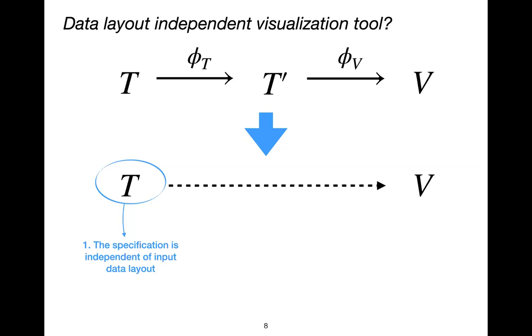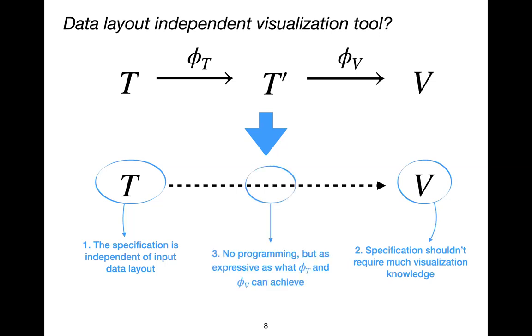I'm hoping that we can still describe what we want to visualize. Second, we hope users don't have to know that much about data visualization to specify visualizations. And third, in the best case, there is no programming, because not everyone is able to learn programming to the degree that they can create data visualizations.